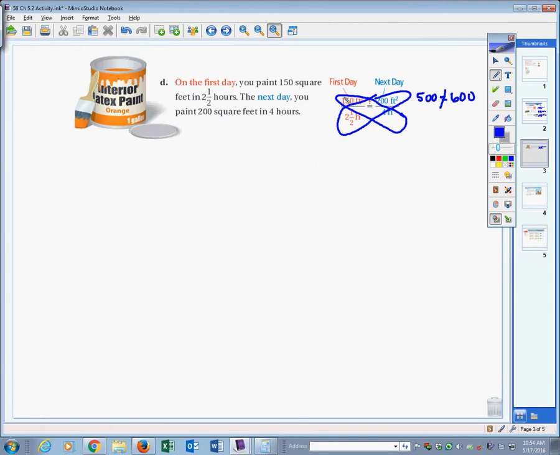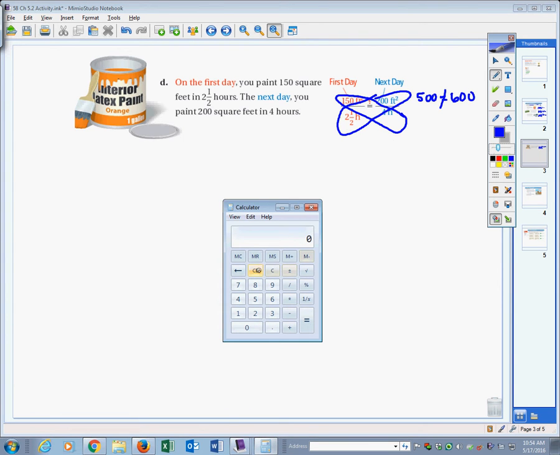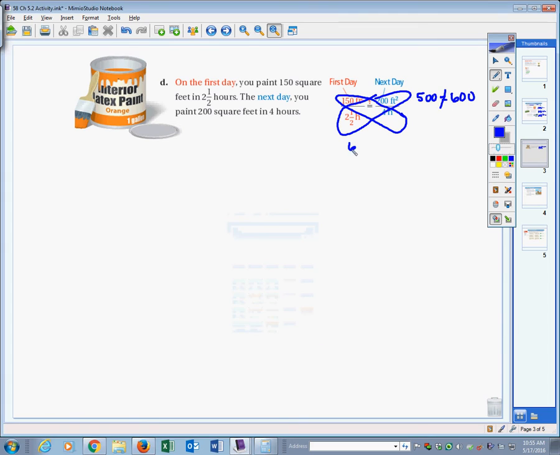So I would look at maybe finding our daily rate, our unit rate for here. So if I were to take my calculator and divide 150 by 2.5, that would give me 60. So it would be 60 over 1, right?